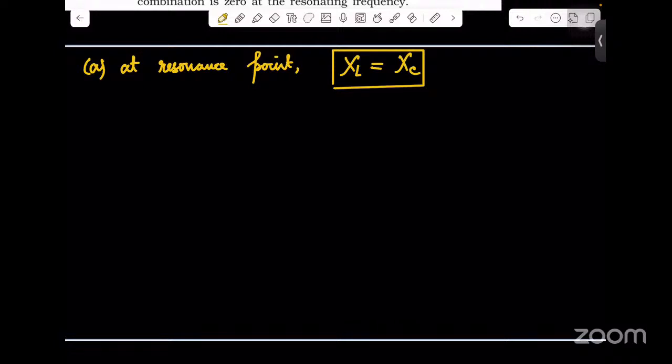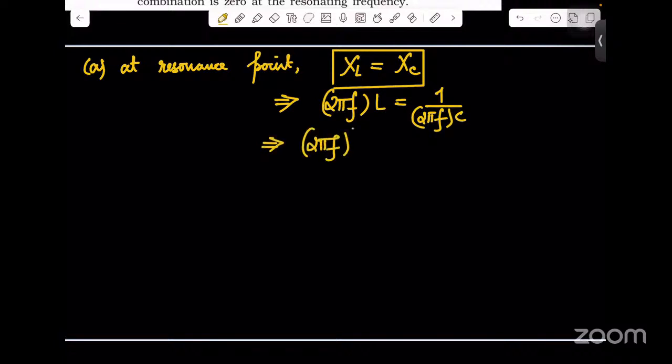So from this relation, what is X_L? It is 2 pi F, that is omega times L, is 1 upon omega C. So it is 2 pi F times C. So that implies (2 pi F) squared is 1 upon LC. So that implies the frequency would be 1 upon 2 pi times the square root of 1 upon LC, right?